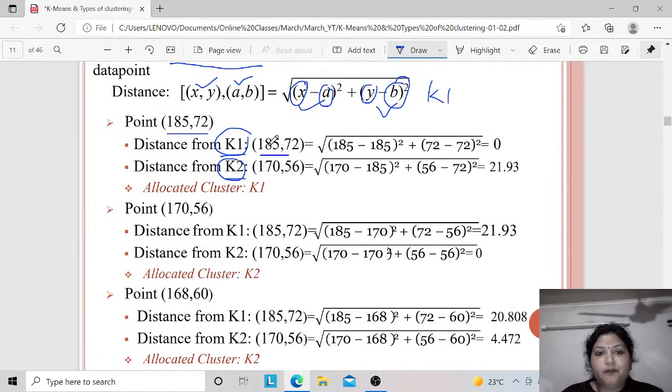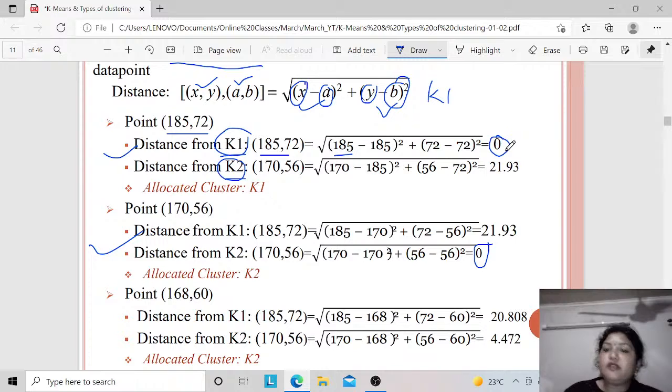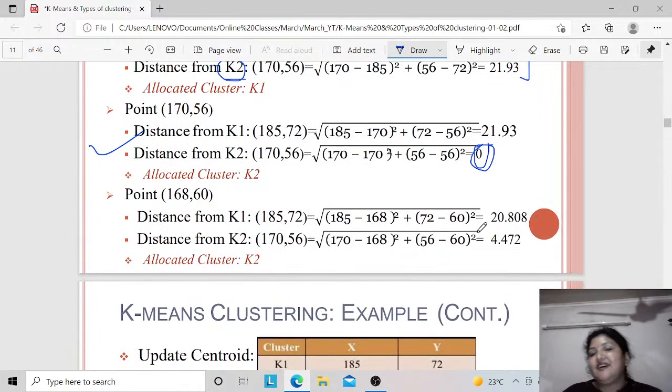You are measuring from itself, so it is not mandatory to use these two steps, because their distance would be 0 if you are checking from both of them. This is my same point, so this point will fall in cluster 1 and this point will fall in cluster 2. So no need for this step.